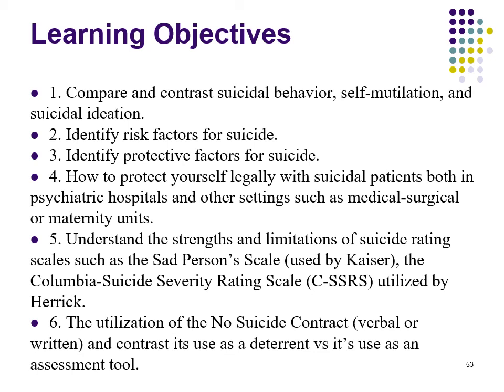I would consider that suicidal behavior. And then suicidal ideation is thinking about it, thinking you want to, but you're not actually taking steps yet. You're just kind of mulling it over. And then self-mutilation is usually cutting on yourself. Some people get relief from that.